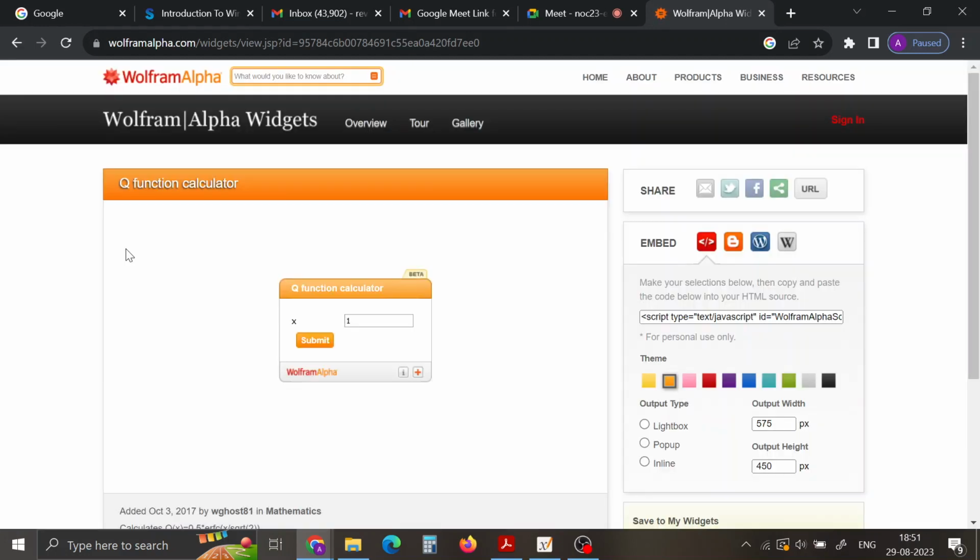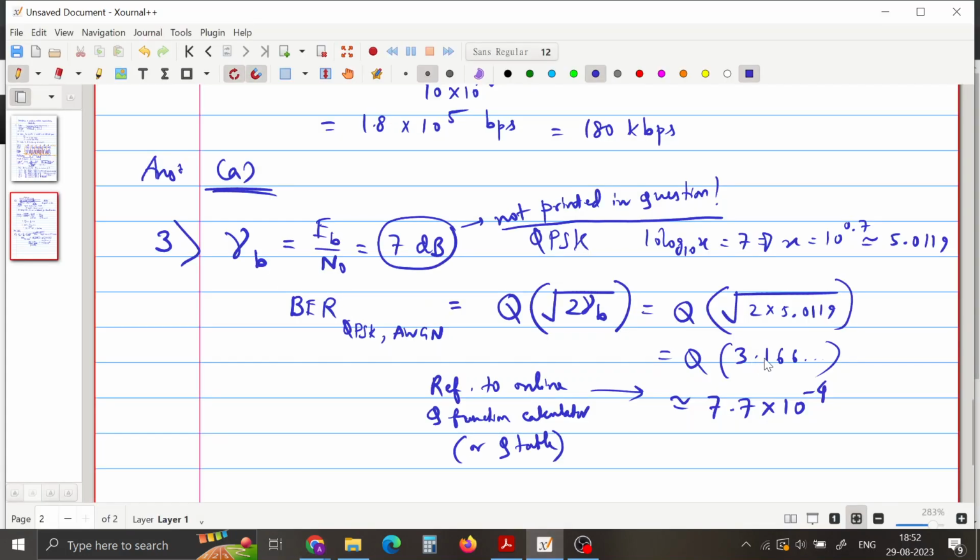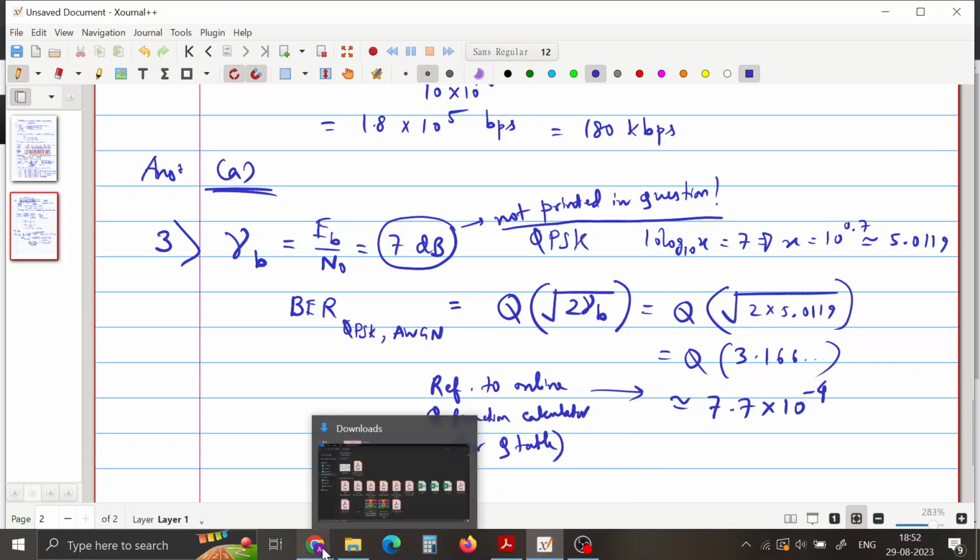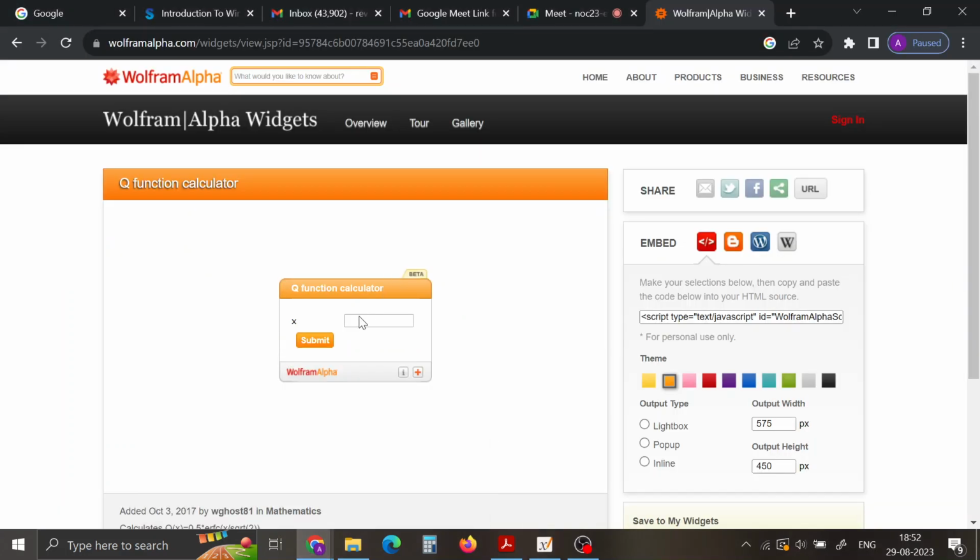Okay, you see this window here, the Q function calculator clearly mentioned. This is the argument x, the parameter that you need to pass. In our case, Q of 3.166, so 3.166 is your x. I'll restrict to 3 decimal places, and you have to click submit.